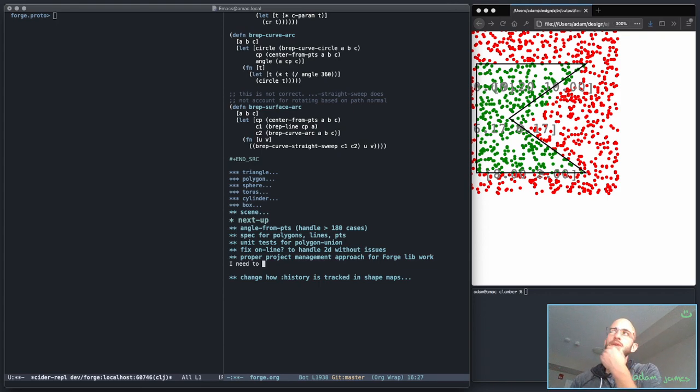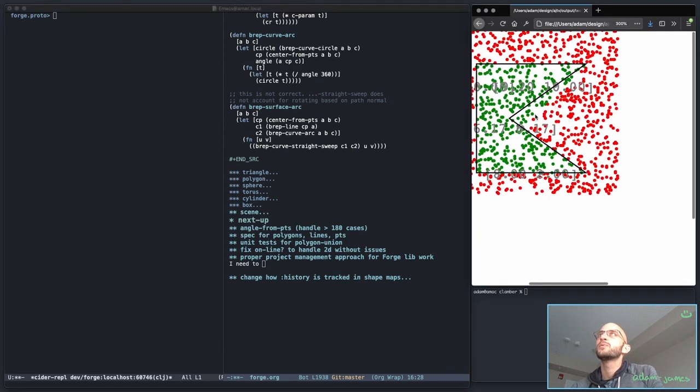Well, I discovered and fixed one edge case with the Polygon-union, and then I discovered a mistake with a different algorithm that I had. So I'm fairly confident that my Polygon-union approach is complete, but I have a problem with some triangulation. I discovered that when I encountered this situation here.